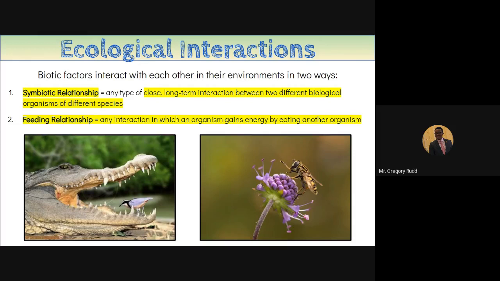The other type of interaction would be feeding relationships, which are exactly what they sound like. Any interaction in which an organism gains energy by eating another organism. So we know that there are heterotrophs, which are organisms that need to find other sources of energy that cannot produce their own energy.